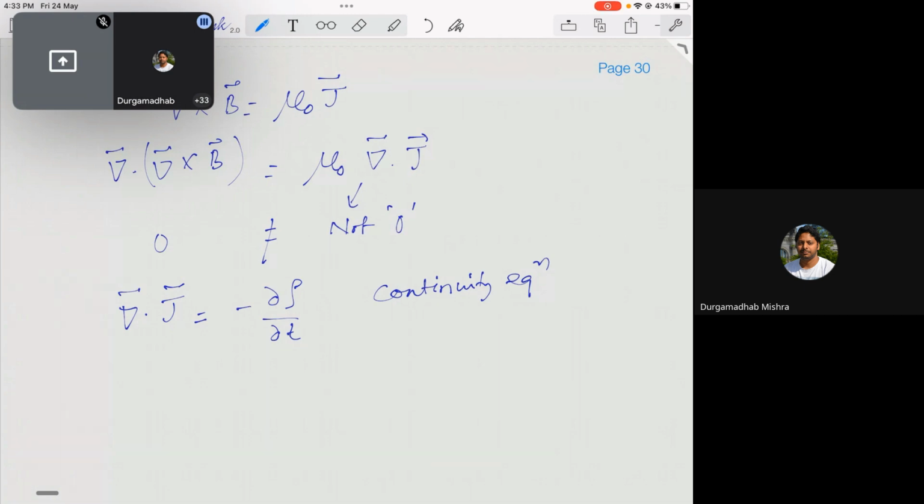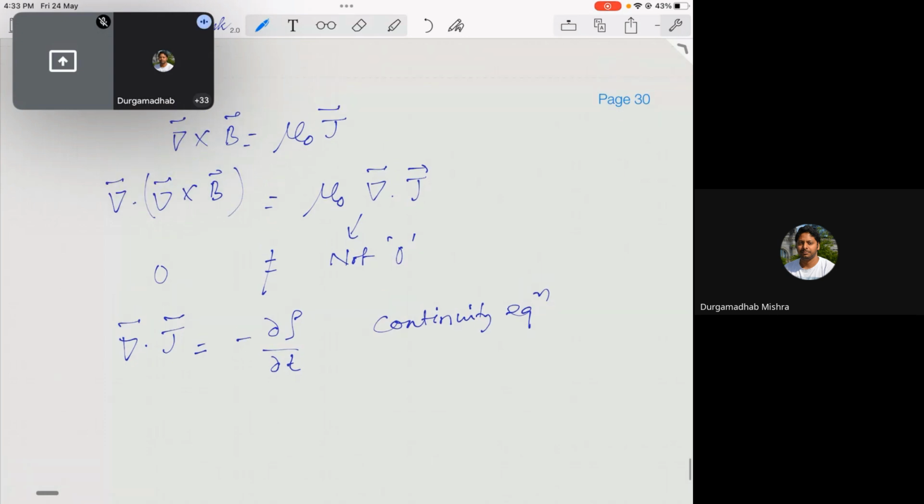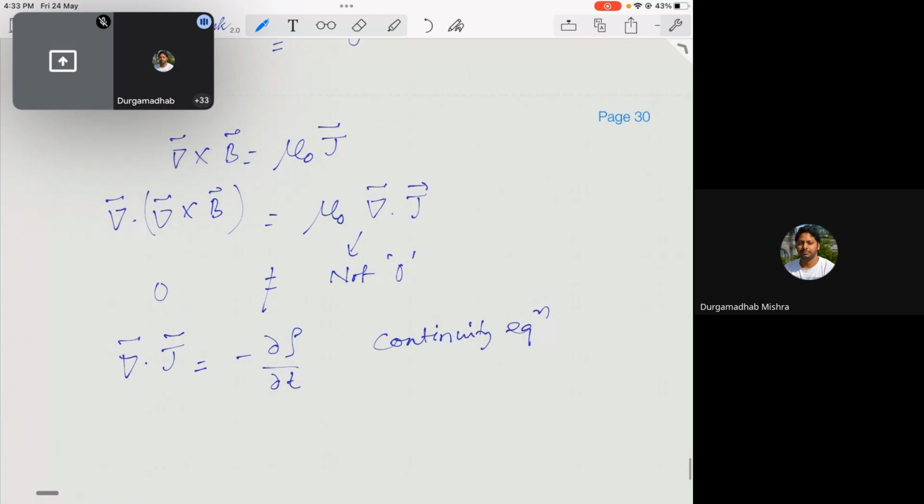Only if there is a steady state current, with no charge accumulation or no charges present, del dot J will be 0. Otherwise, in most cases this is not 0. So how can we say this equation is mathematically correct? From the symmetry point of view also it looks odd.